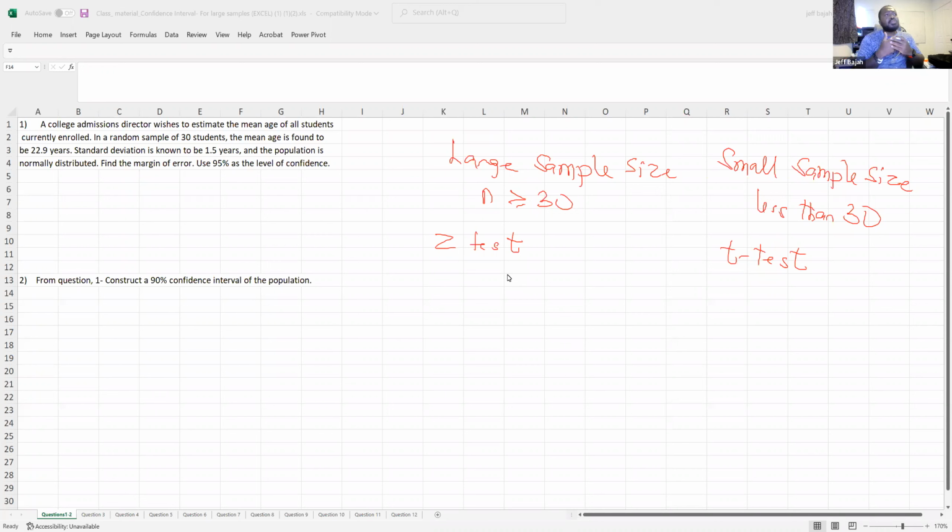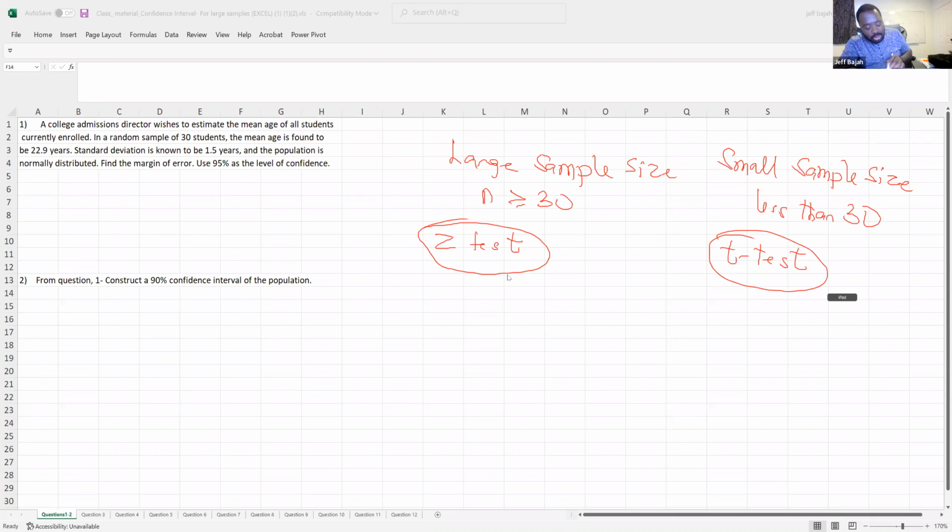Now, another reason why we'll choose to use either a z-test or a t-test is also when we have a population standard deviation known or when it's not known. If I know my population standard deviation, then I use my z-test. If we are not given, or we're using the sample standard deviation, then we use what we call a t-test.